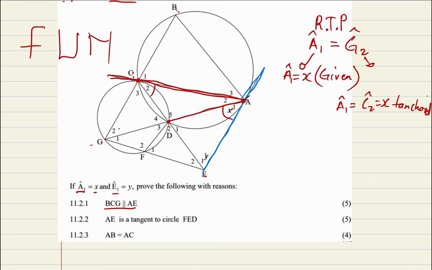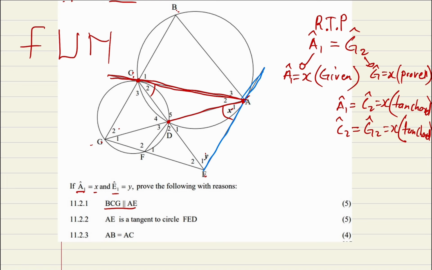Again, according to the tan chord theorem, angle C2 is equal to angle G2, which is equal to X. So G2 is equal to X, and this was proven.